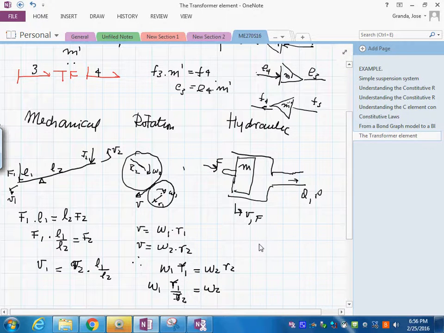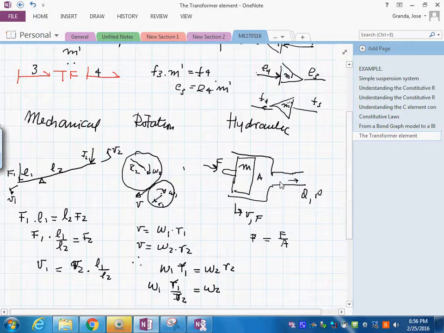Because of the volume in here, the flow Q1 is the result of the area multiplied by the velocity. This in itself is this form.